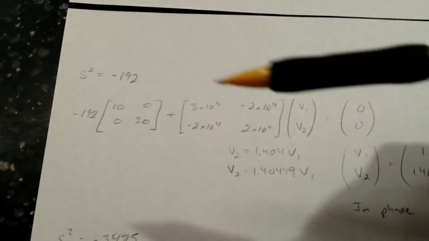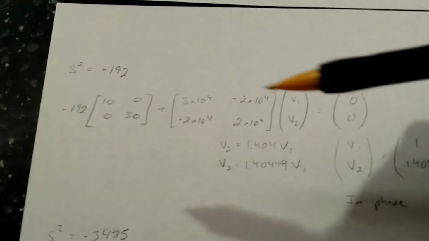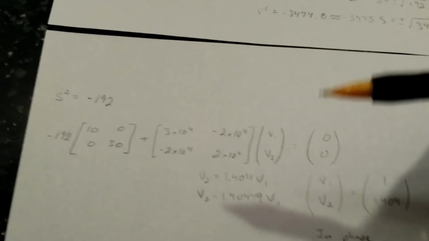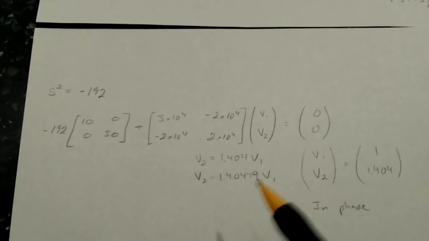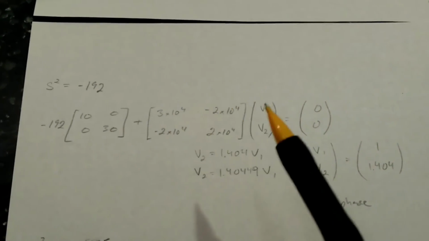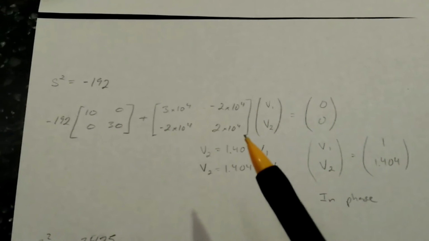Now, you'll have to remember when adding matrices, you do it by the component. And so what was interesting, I thought, is that you get actually a slightly different number on each row.